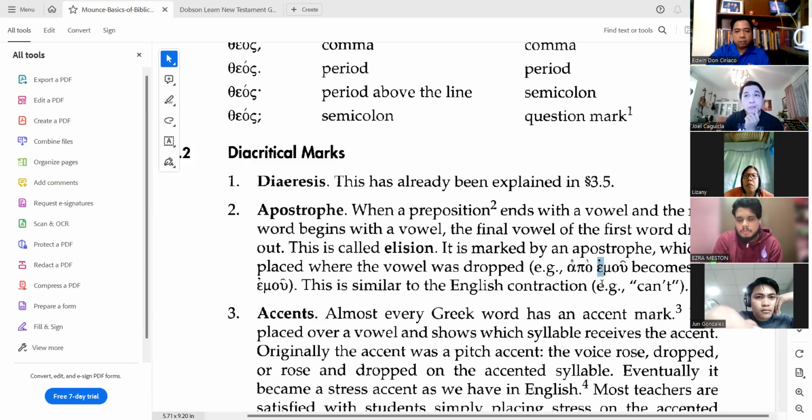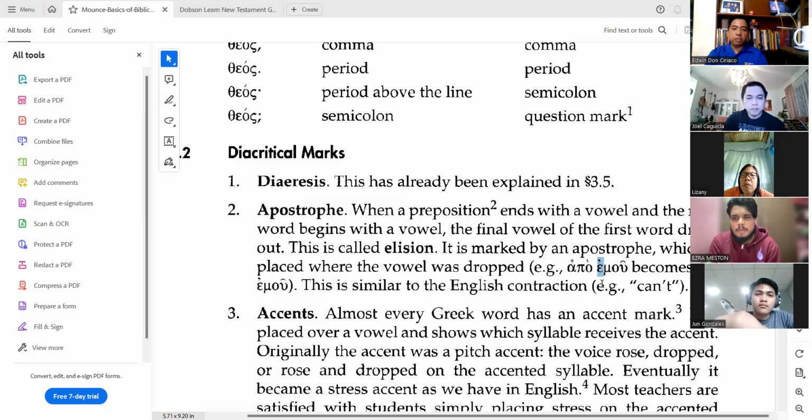So what happens when the first word ends with a vowel and the second one begins with a vowel? This also has something to do with pronunciation, because when you're familiar with the words, the Greeks would naturally read it very fast, unlike how we do it.